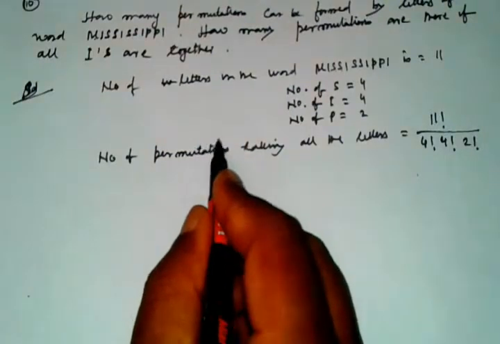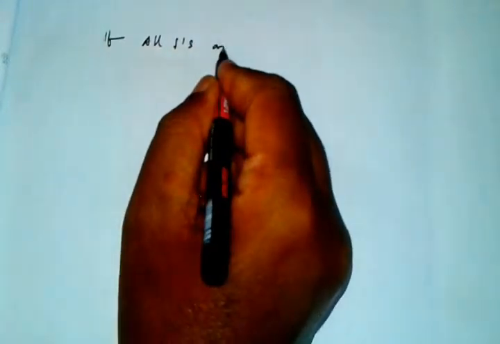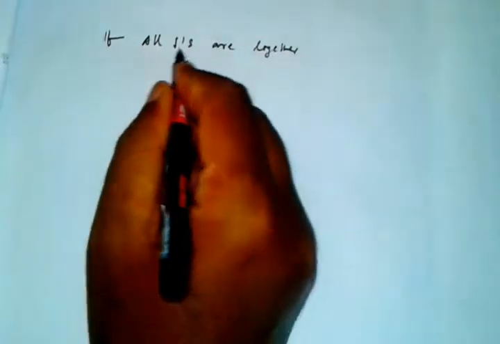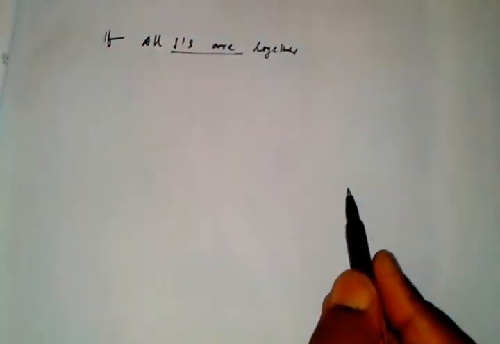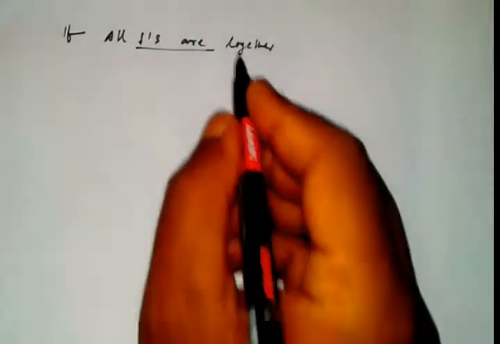This is the number of permutations. Next part is, if all i's are together. In this case, we can consider there are 4 i's.